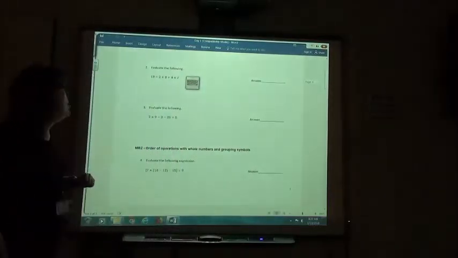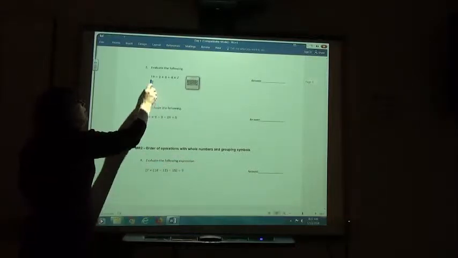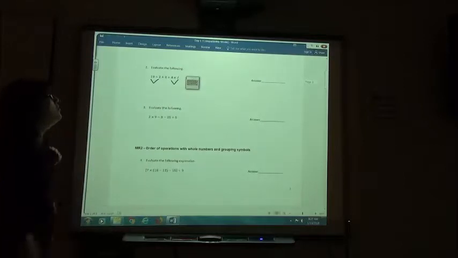So number 2 here, again, if I'm going to follow my order of operations, I have to do my multiplying and dividing from left to right. I have a division here, I have a multiplication here, I want to go from left to right.